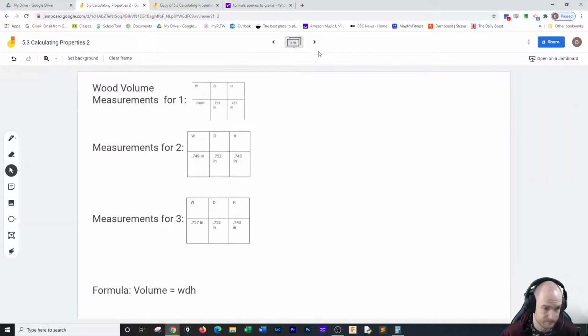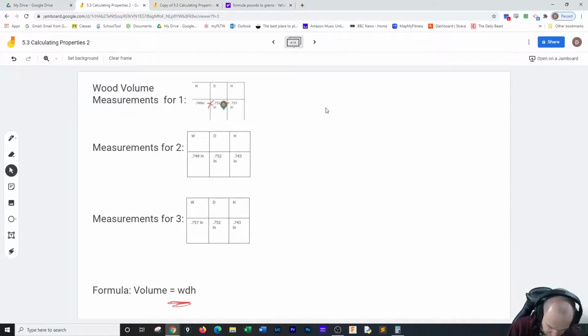Moving right along, we have wood. Now, wood is not so straightforward to get the average for. What I'm going to have to do is calculate the volume for each of these and then add those 3 volumes together. But the nice thing is the formula for the volume of this is just multiplying these 3 numbers.